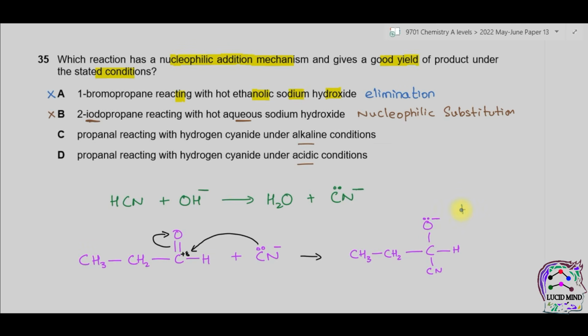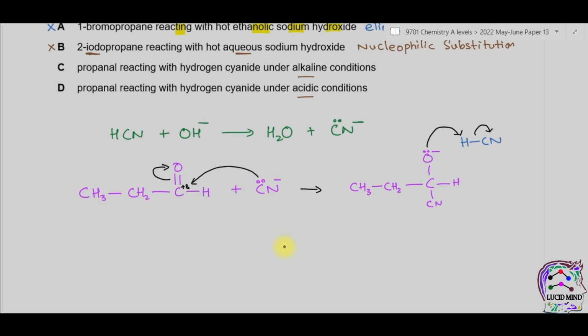If we have HCN, the product is CH3CH2CH(CN)OH. So what we can see is that a hydrogen atom is attached, a CN is also attached. So this is basically an addition reaction and CN negative is reformed as the product.